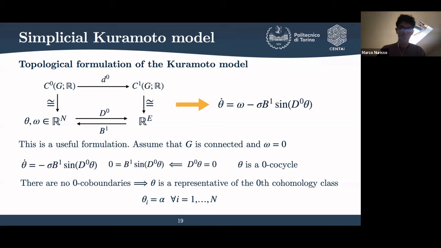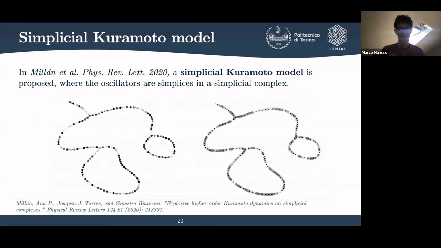Okay. So let's get into the more interesting stuff. As I told you before, in 2020, this paper came out by Millan, Torres, and Bianconi, which gave one possible way to extend this Kuramoto model to simplicial complexes, so to higher order networks.